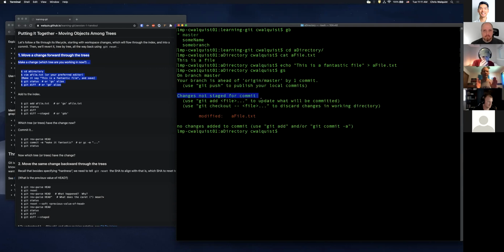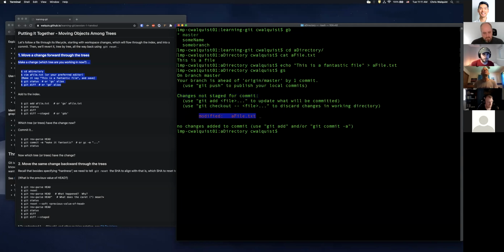What that means is, nothing staged doesn't mean there's nothing in staging. It means your staged looks exactly like HEAD. They're in sync. So it's a little nuanced, but I think it's significant. So there is a staging area. It's just in sync right now with HEAD.